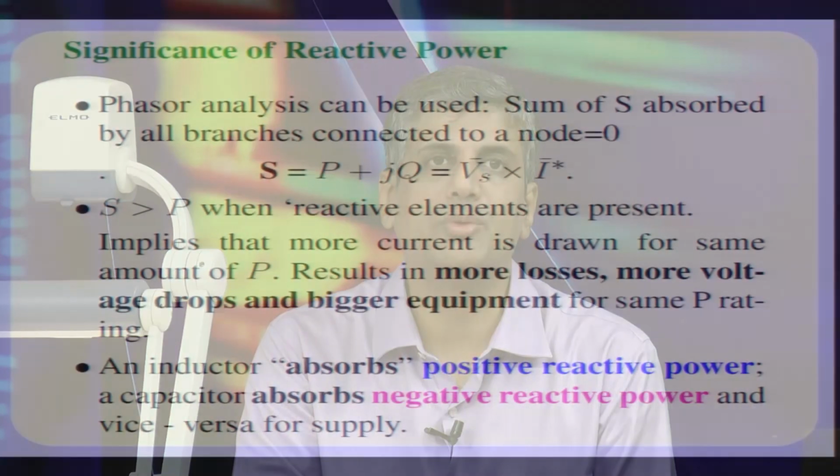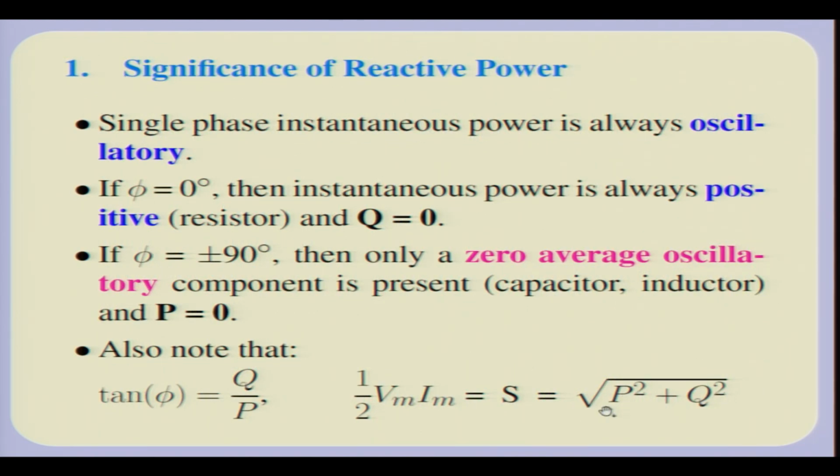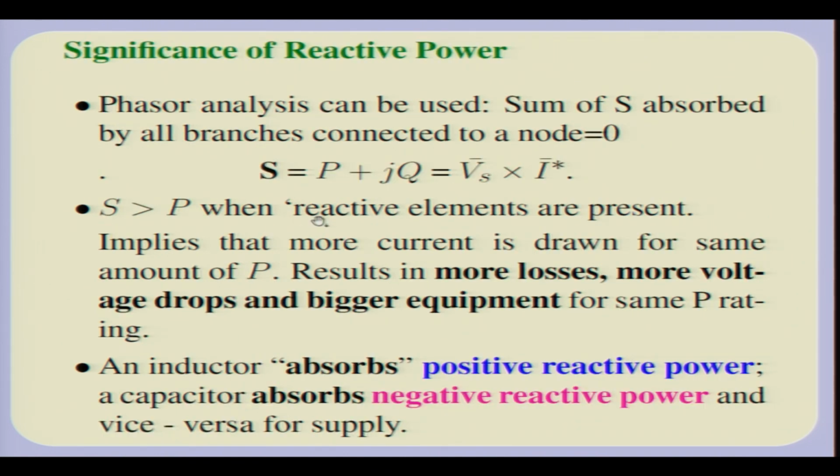And as a result, S, if you look at what I have shown you before, on the previous slide, is equal to root of P square plus Q square, and Q by P can be considered as tan phi. Then S can also be represented as a complex number.